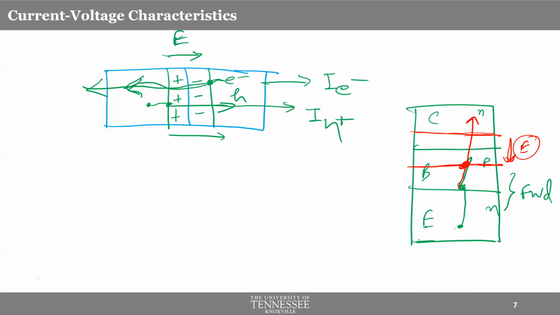Now the reason why I wanted to go to that much detail is because otherwise it's not really that intuitive to understand why increasing the reverse bias voltage reduces the base current, by the way, base current.